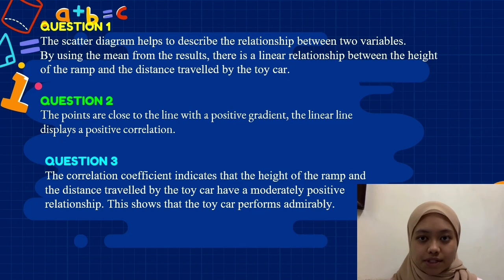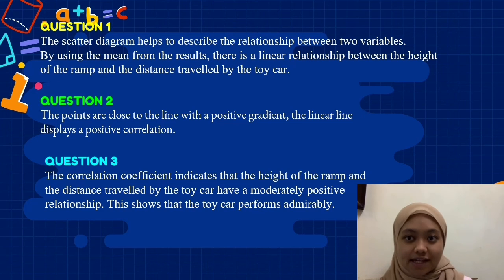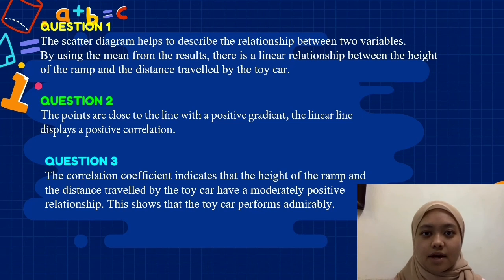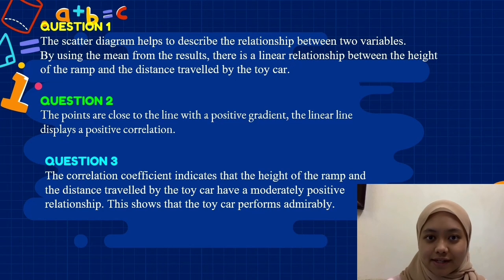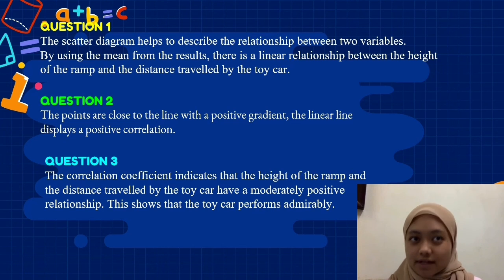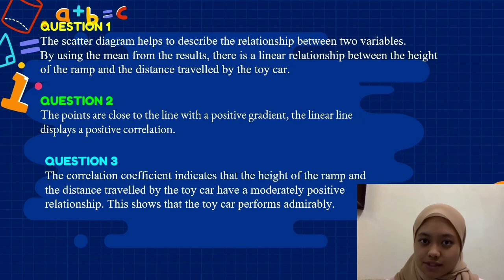Next, for question 2, the points are close to the line with a positive gradient, so the linear line displays a positive correlation. Next, for question 3, the correlation coefficient indicates that the height of the ramp and the distance traveled by the toy car have a moderately positive relationship. This shows that the toy car performs admirably.